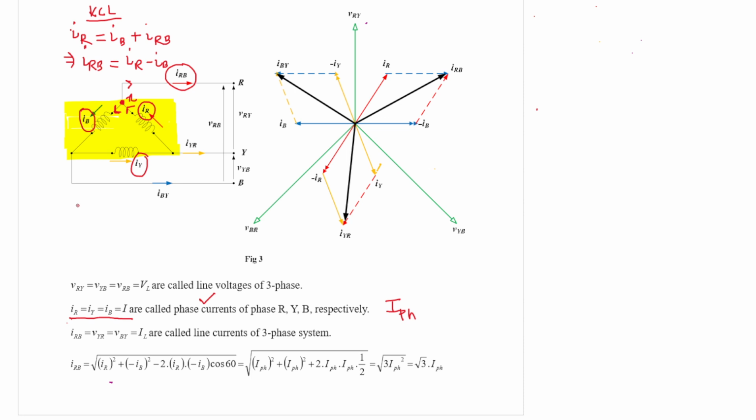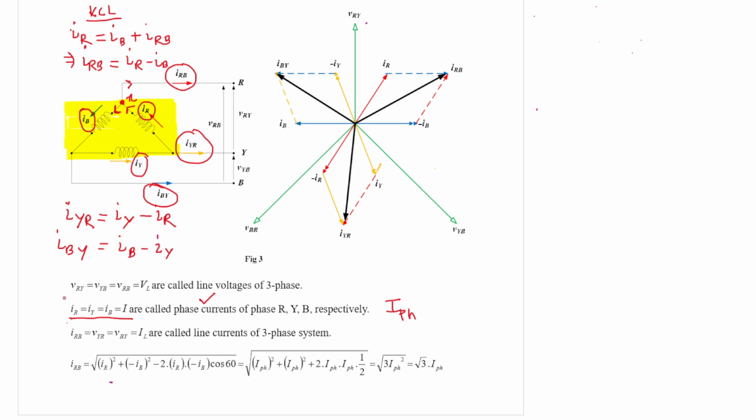Similarly, we have a current IYR. Applying the same logic, IYR is equal to IY minus IR. And for the third current, IBY, this will be IB minus IY.